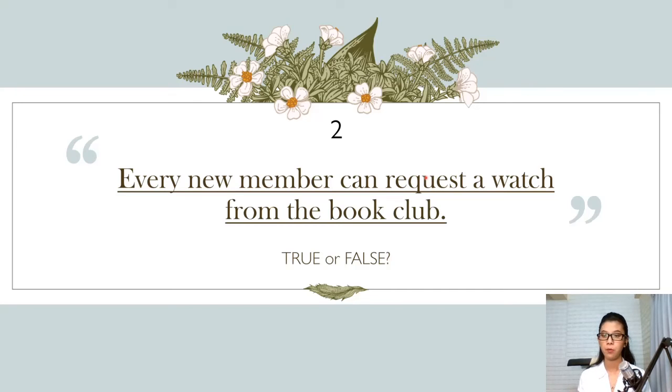We have the main points of requesting a watch, and every new member goes under the category of immediate benefits, because immediately after you become a new member, you can ask for something. So that's already done. It's checked. And another one is requesting a watch.